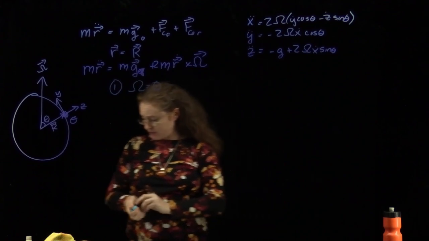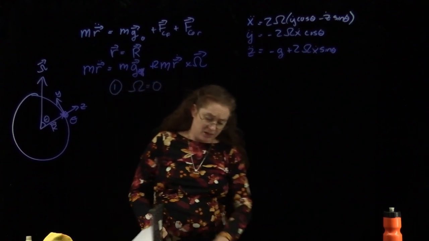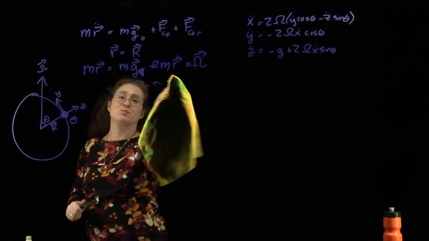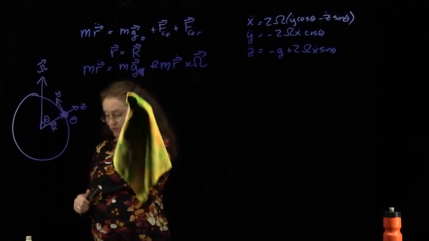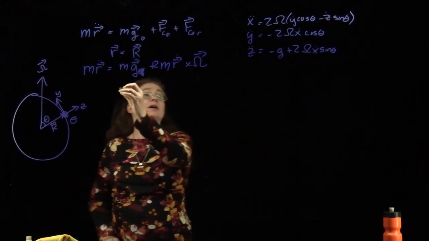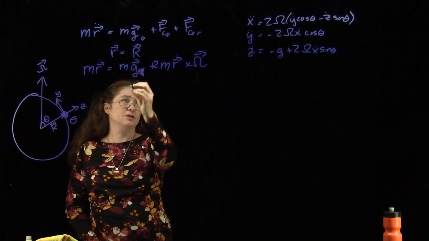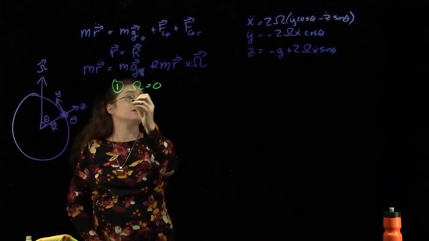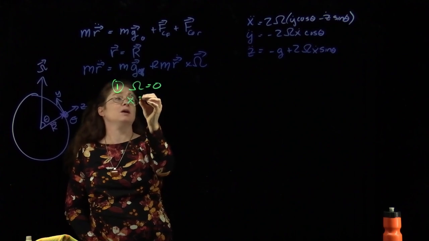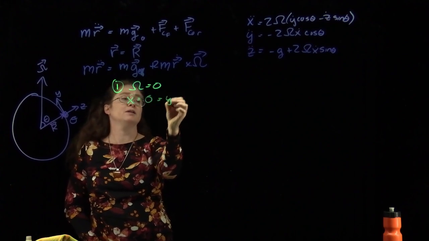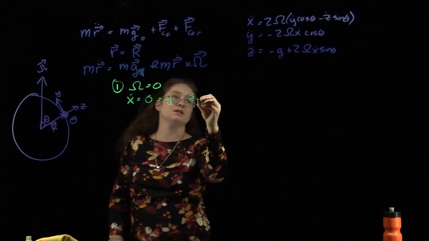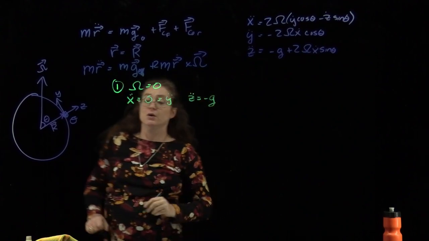Because, and I'm going to switch colors because this one hardly shows up, to a good approximation omega is very small. So to a good approximation, you can assume that omega equals 0. And you will not be surprised. So when you do that, what you get is x double dot equals 0, y double dot equals 0, and z double dot is negative g.